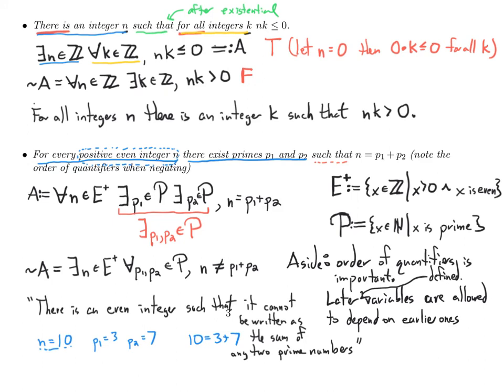And again, I'm changing the form a little bit to be more readable. So I could say, if I wanted to, there exists an even integer such that for all P1 and P2 that are primes, so for all two primes, n isn't the sum of those primes, but it's probably a little more readable in English to say there is an even integer such that it cannot be written as the sum of any two primes.